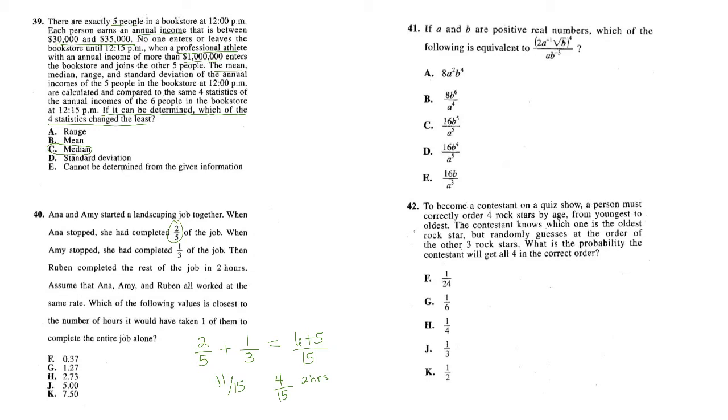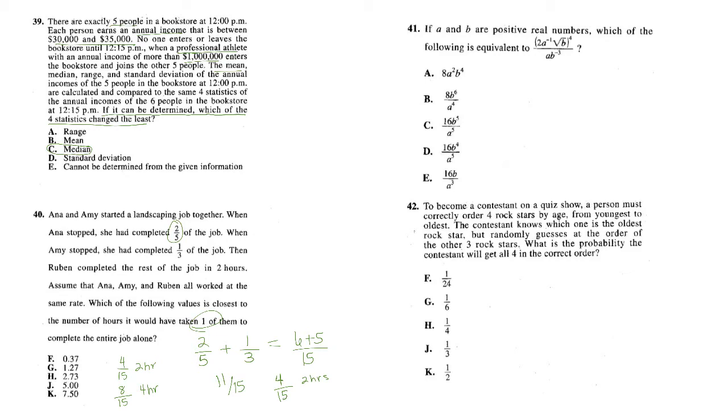He works 8/15 in, let's see, completing one job. I'm trying to build this up. So 4/15 is going to be 2 hours. If he worked 2 more hours, that's a total of 4 hours, and he's got 8/15. I just chose one of them because it said one of them.